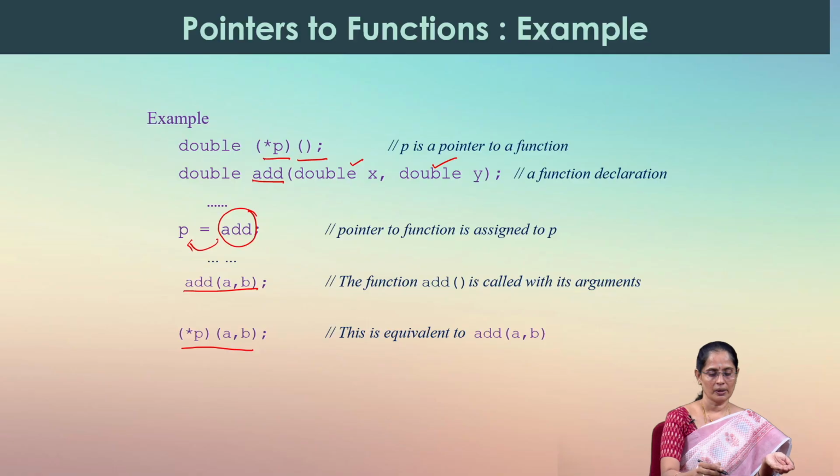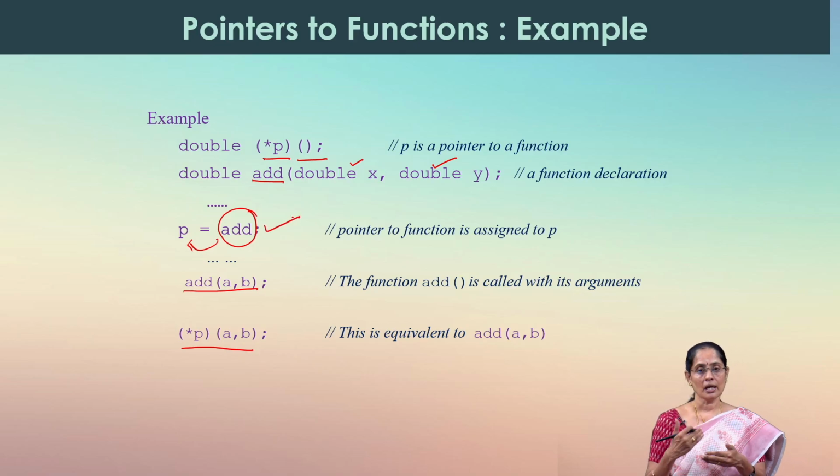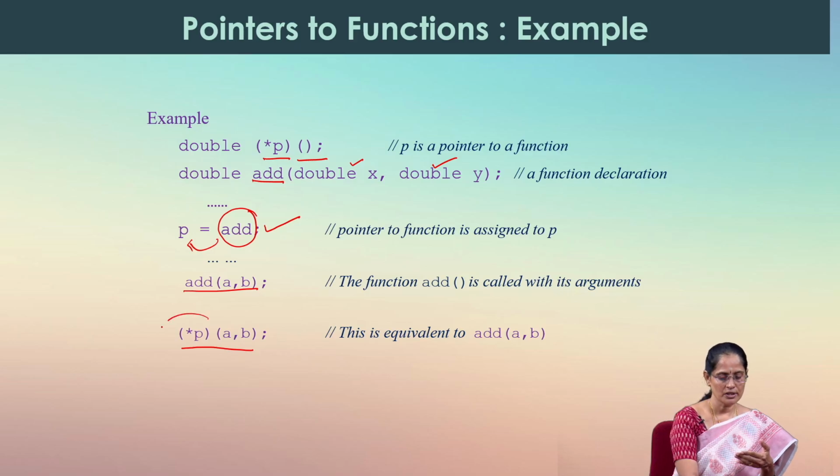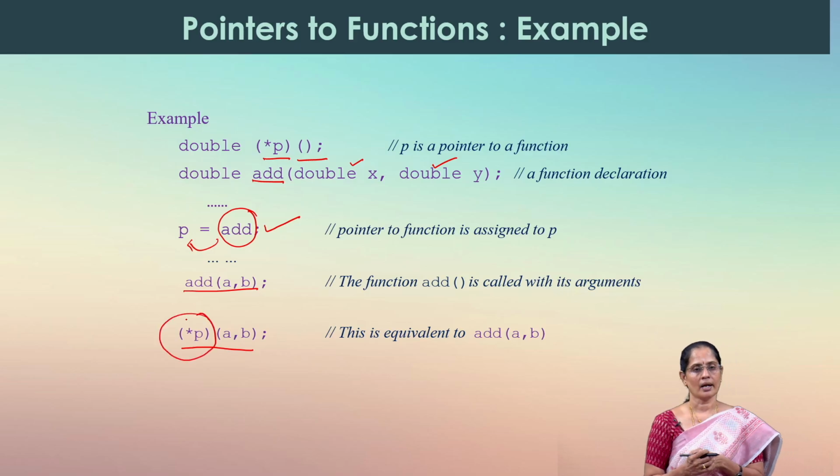Wherever there is the function name add, we can replace it with our pointer name, because we have assigned the function add to the pointer p. Wherever you want to use the function name add, we can instead make use of its address as *p.